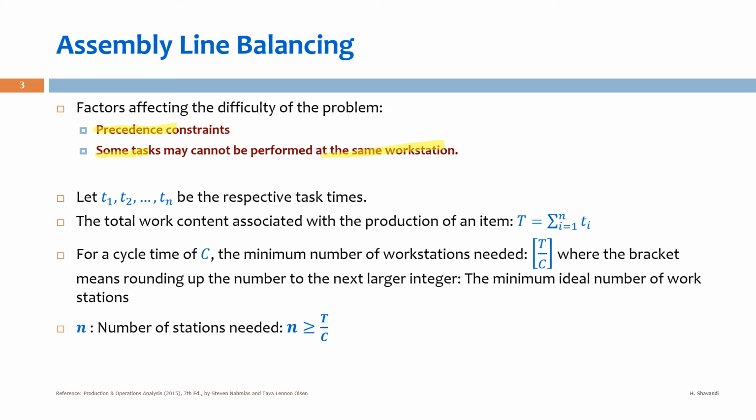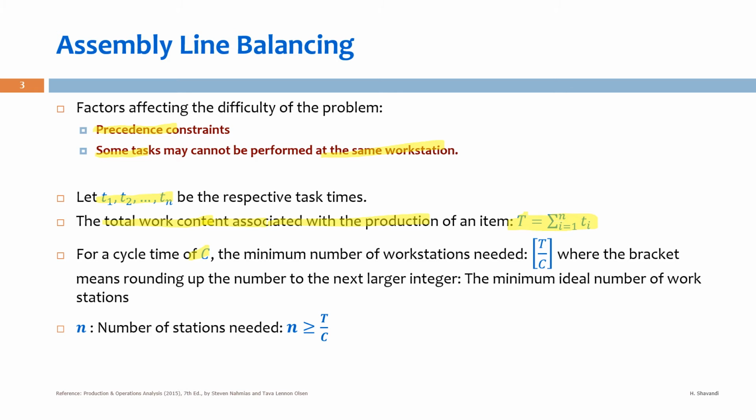Okay, so now let's show the time of the tasks by t. So t1, t2 up to tn will be the task times of n tasks. If we add up these times, we'll have T as the total work content associated with the production of an item.